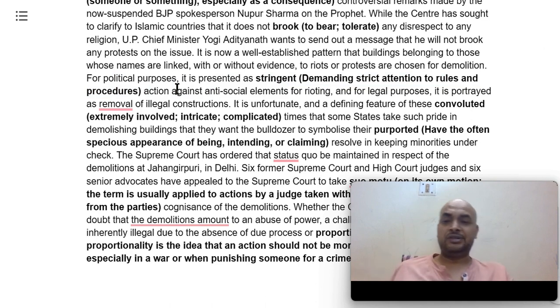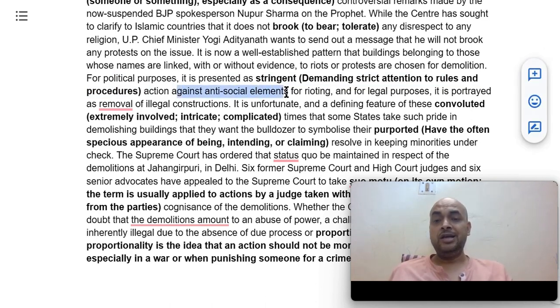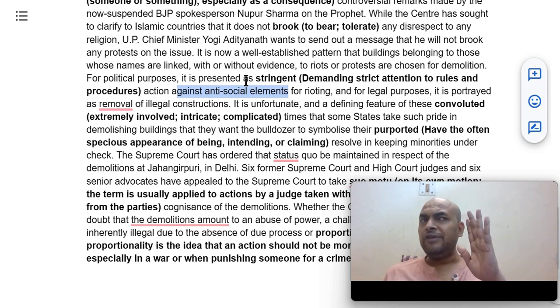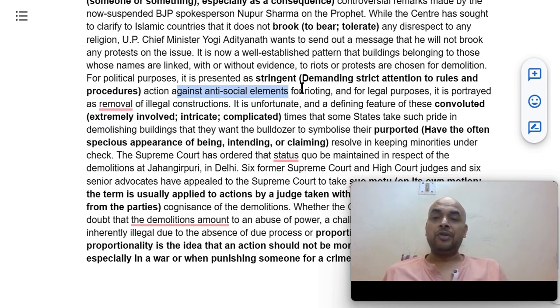That means if any antisocial element is there and their house itself is taken down, it is shown as a strict action, but that is not the way it should be. It should follow its due process, right? So stringent means strict.